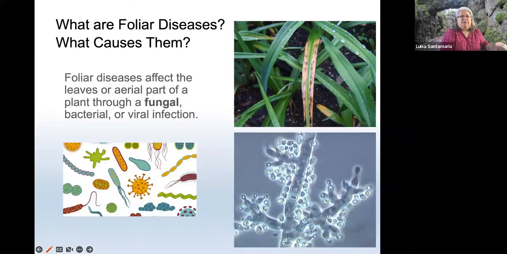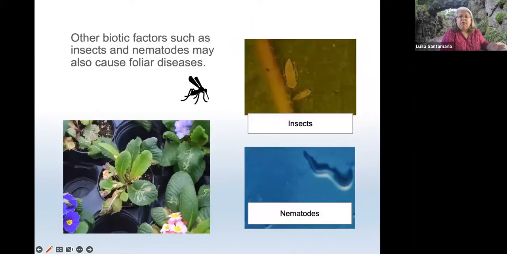All the foliar diseases could be caused for different reasons, right? The main ones are microorganisms, which could be fungal diseases, and other biotic factors like insects that are vectors moving diseases, or even cause damage themselves in the leaves of the plants, like nematodes or other larvae of insects.